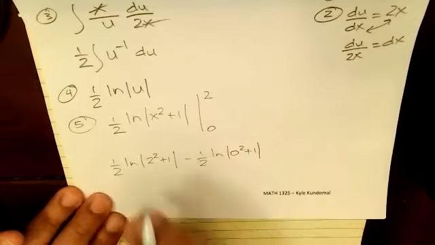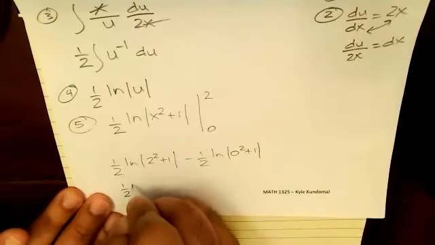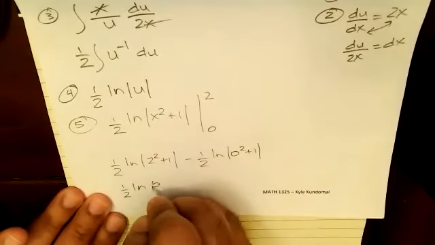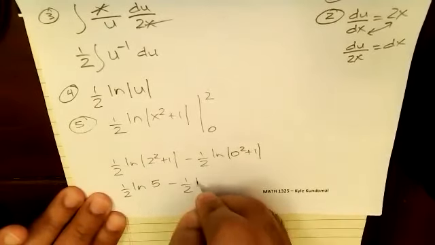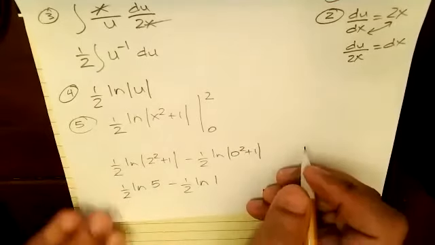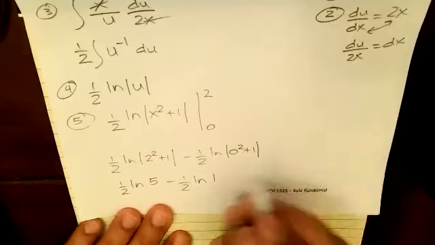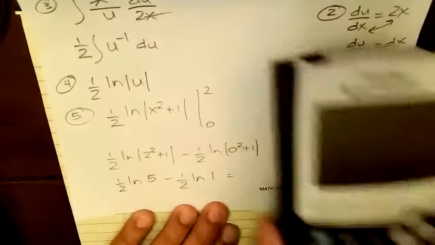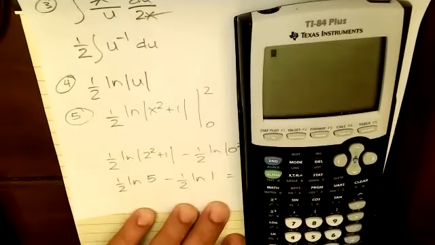All right, we're going to figure this out now. That's going to be 1/2 ln of 2 squared is 4 plus 1, that would be 5, minus 1/2 ln of 0 squared is 0 plus 1, which is 1. So 1/2 ln of 5, that's going to be a decimal.